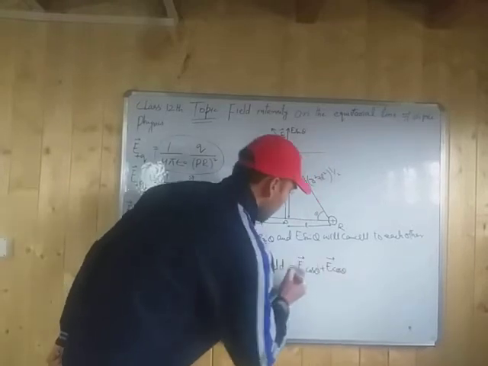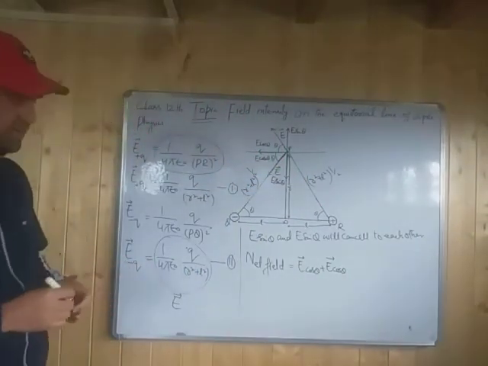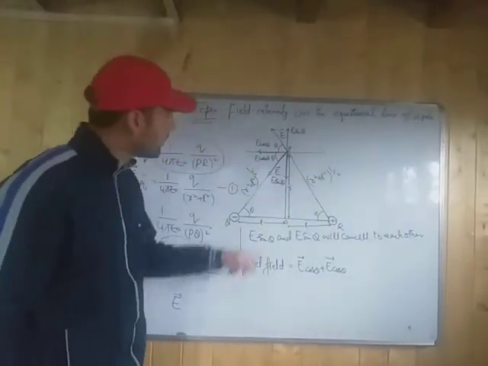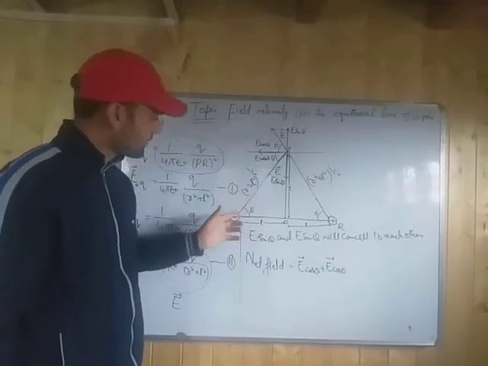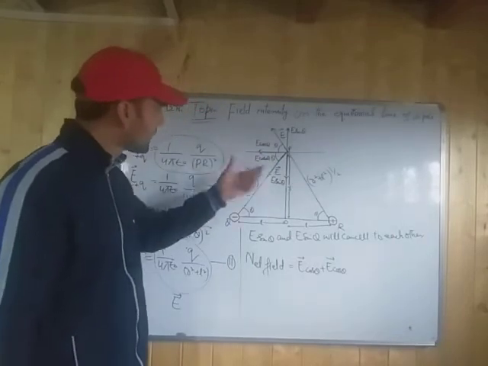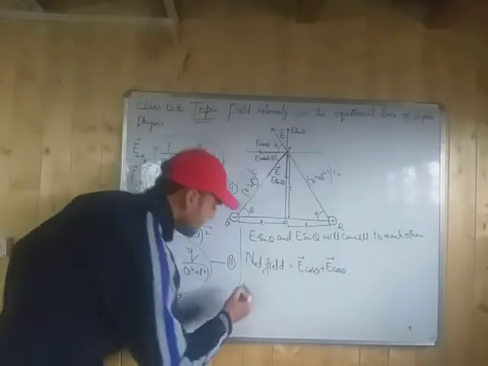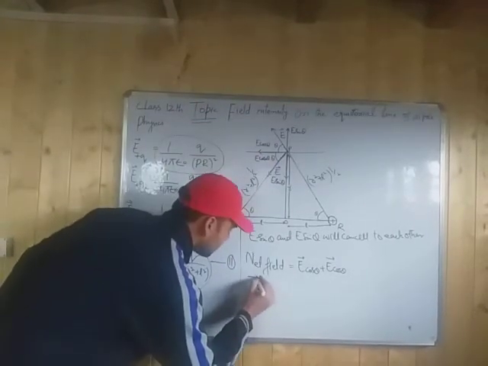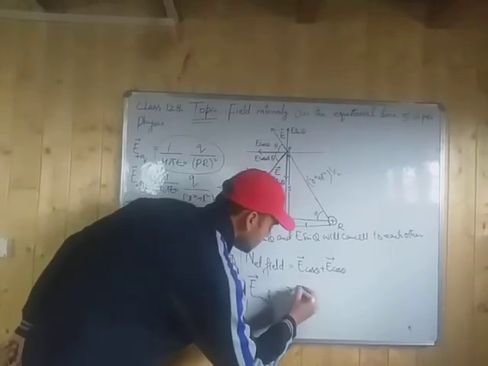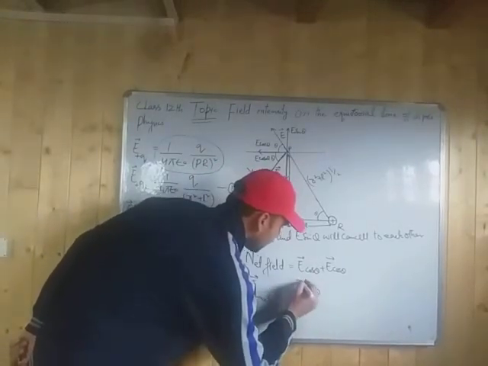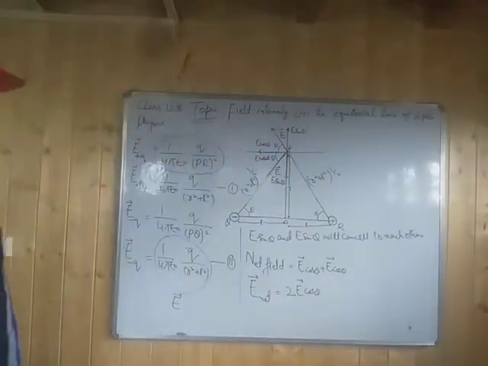That is the addition of the two, because they have the same direction. Or we can write E net is equal to twice E cos of theta.